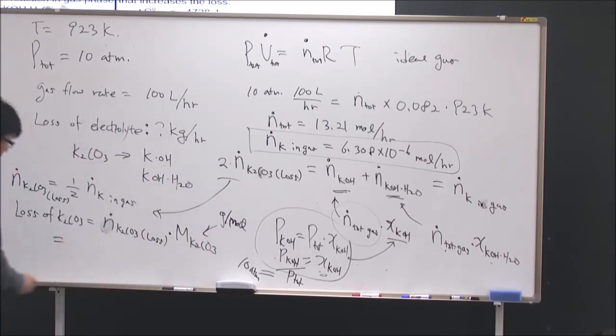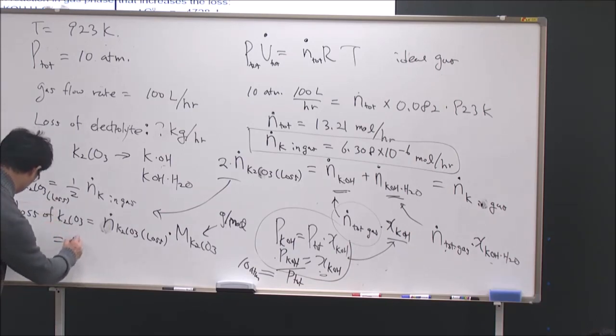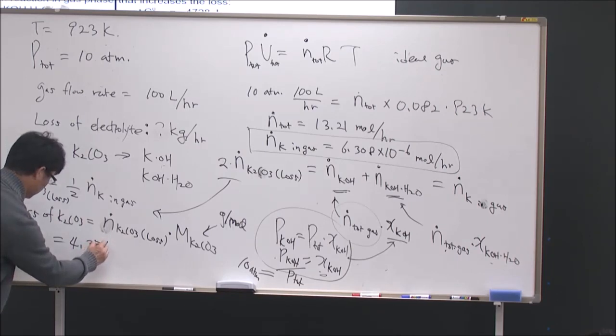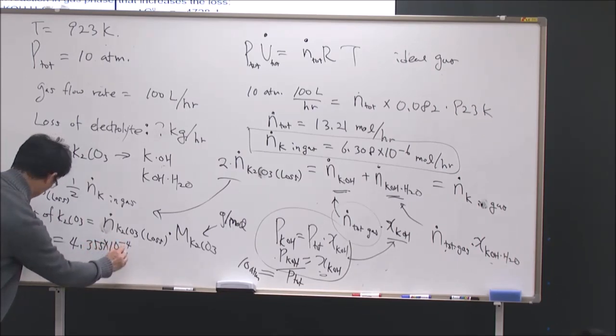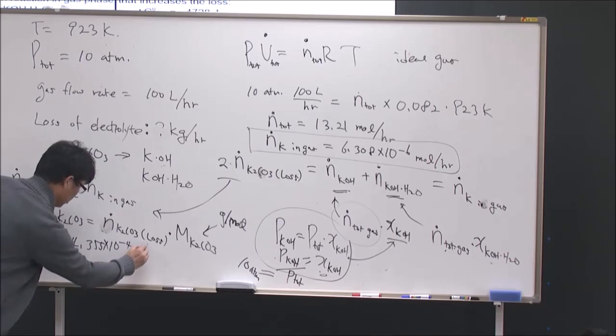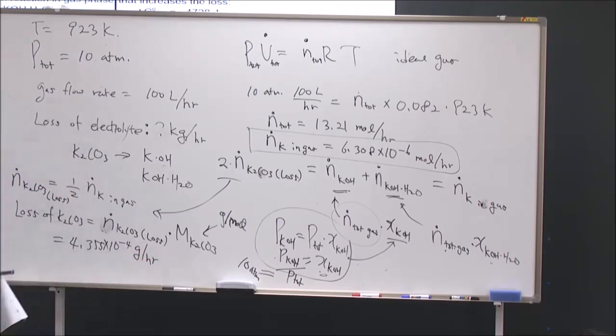If you convert this into kilograms, or even in grams, it is 4.355 times 10 to the minus 4 gram per hour. So this is the amount. Okay?